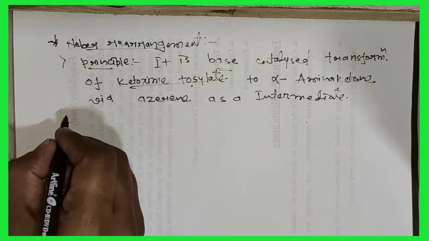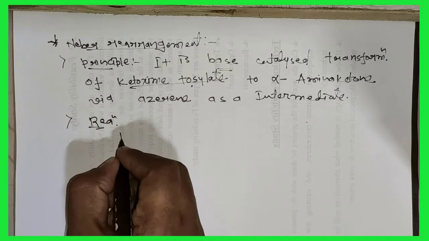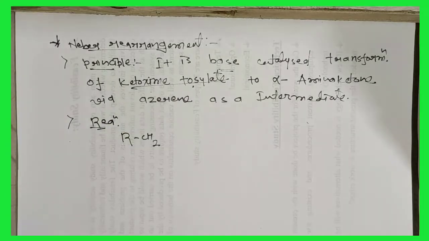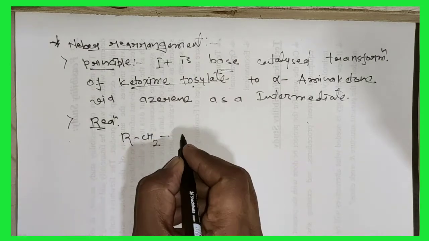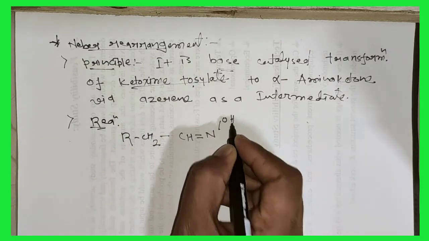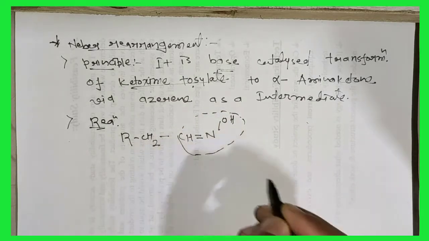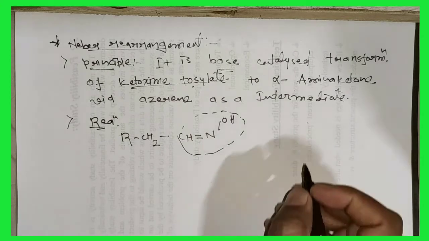Okay, if we discuss the reaction part, for example, in the reaction, CH2, C double bond N, and OH. This part is known as oxime. How it is generated we will discuss in the mechanism part.